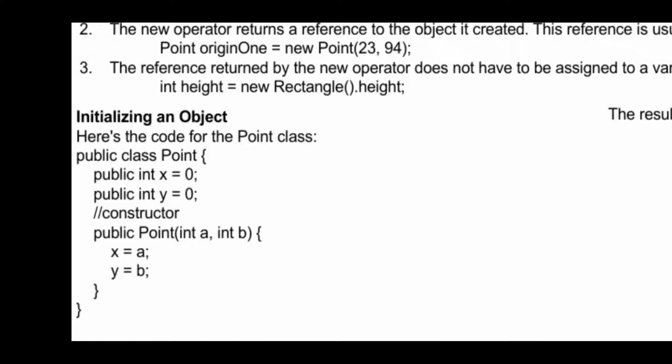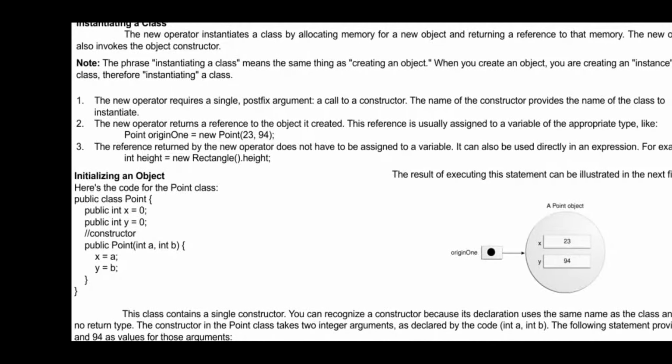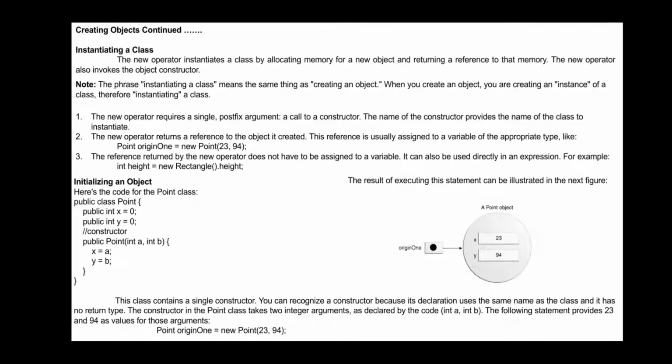Whatever the value of a is stored will be dumped within x of class Point. So b is going to access y = b. y = b means whatever the value 94 is there will be stored within y. This is called initializing an object.